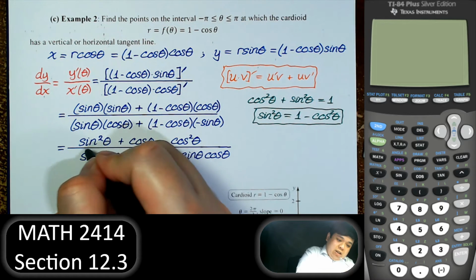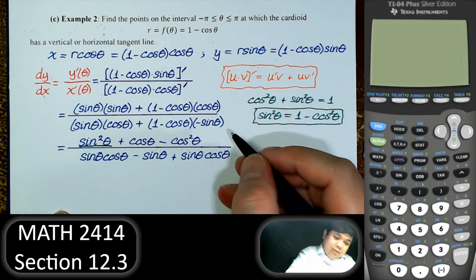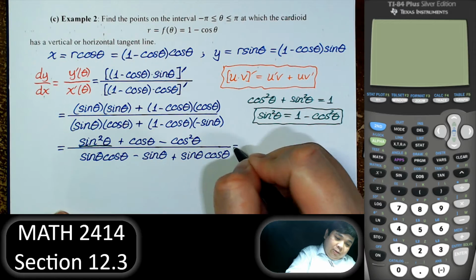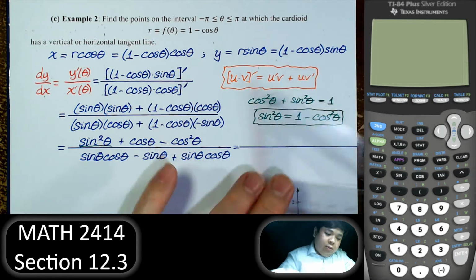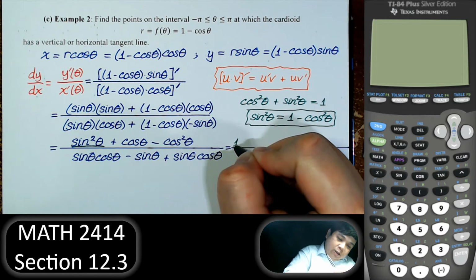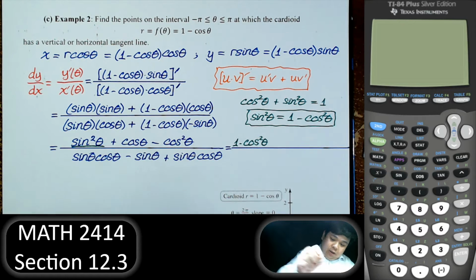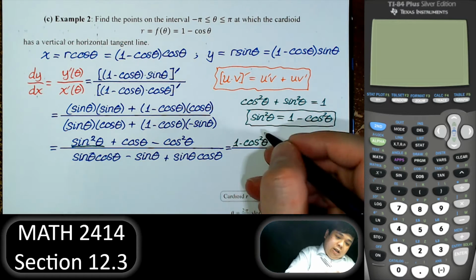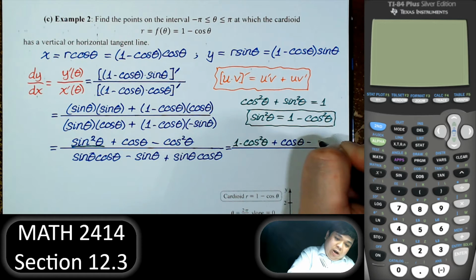And we substitute that into sine square here. Right, sine square is 1 minus cosine square. And then we have plus cosine minus cosine square.